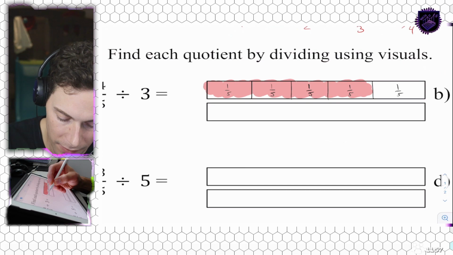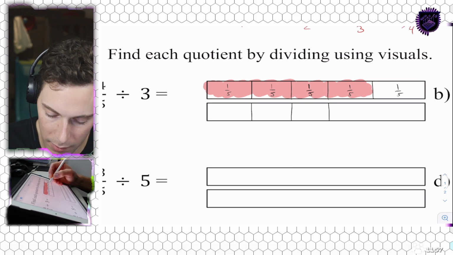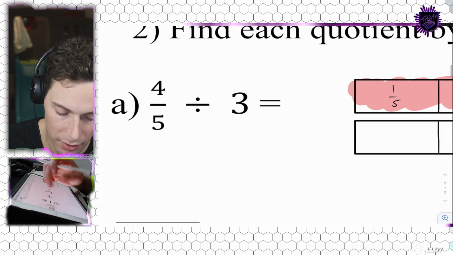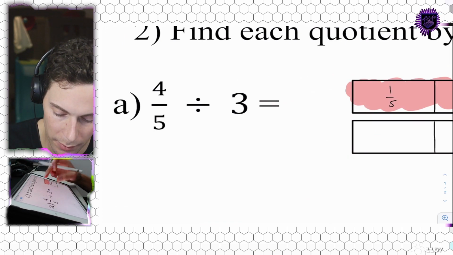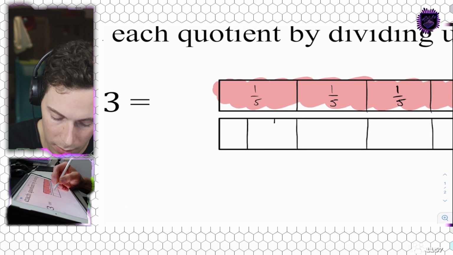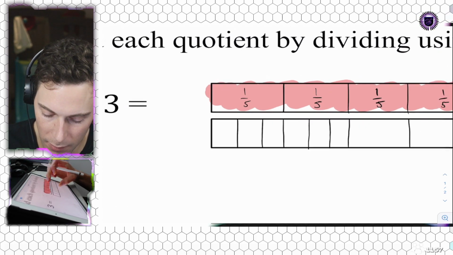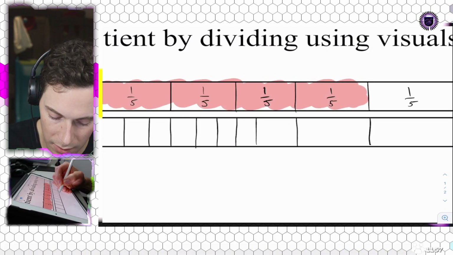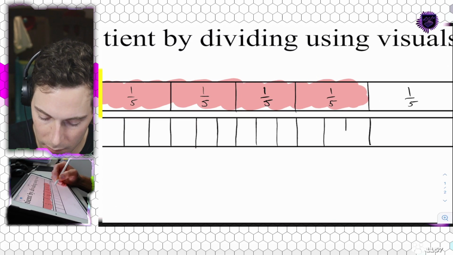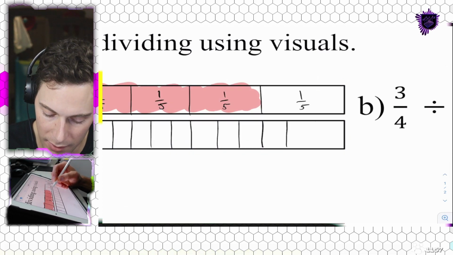Each one of these fifths is going to be broken up further because we're dividing each fifth. Each fifth we're dividing by 3. So we're going to go like this. 1, 2, 3. So we're dividing all of these fifths by 3. We're breaking each fifth into 3 equal pieces.